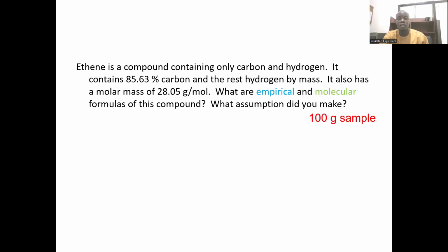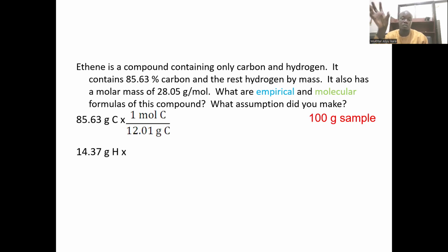So first we assume that since the carbon is given in gram, we have to get that of hydrogen. To do that, we say 100 minus 85.63%. So at the end, we'll have that of hydrogen to be 14.37 gram. Now we get the mole by dividing the mass given or the percentage given by the molar mass.